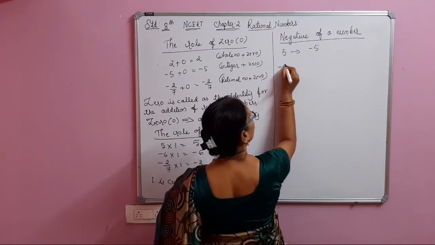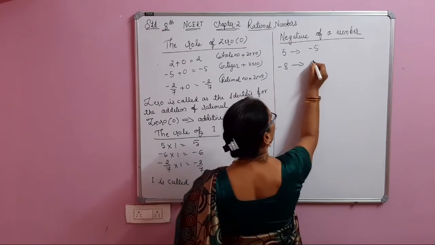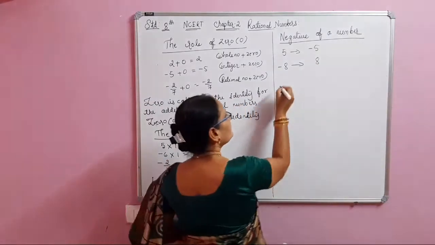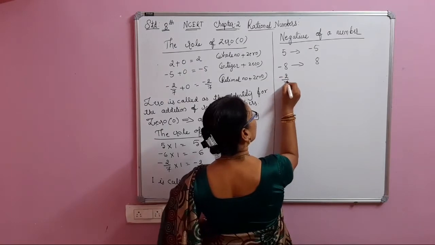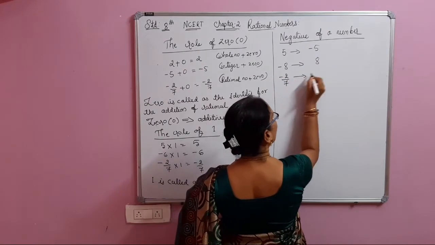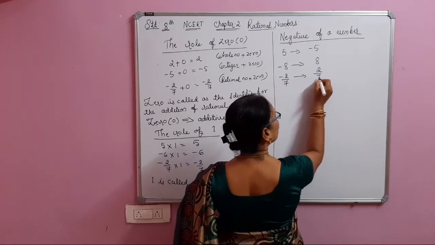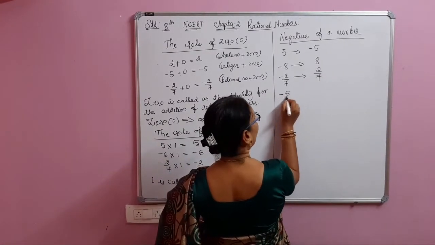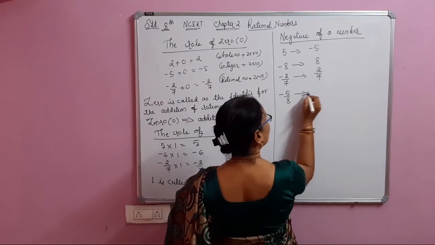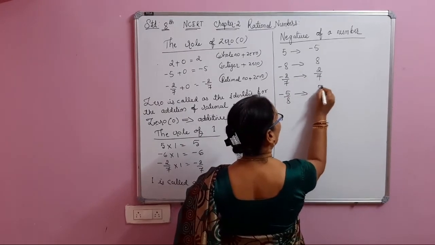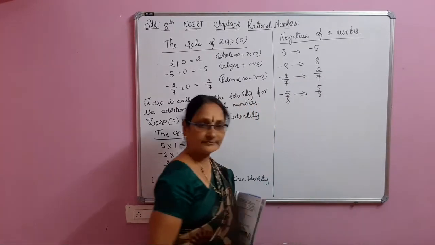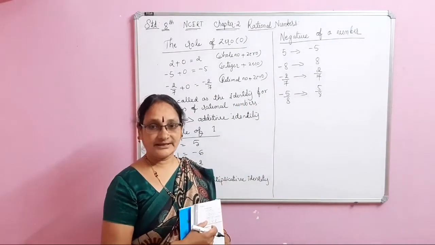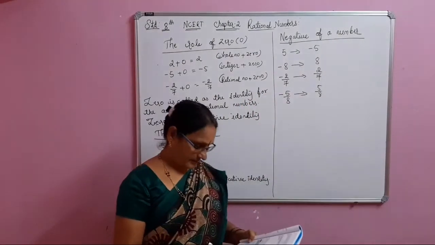Then -8 is a number, its negative is +8. And -2/7 is a rational number, its negative is +2/7. Then -5/8 is a rational number, its negative is 5/8. That means the reverse of the sign gives the negative of a number.